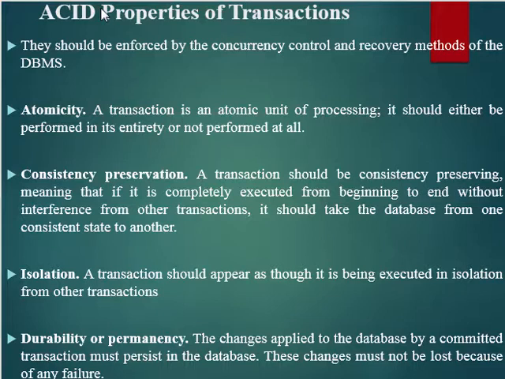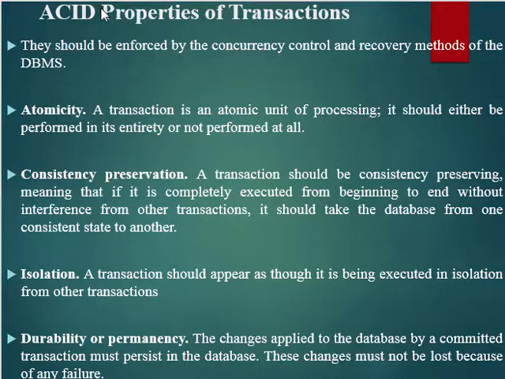Next one is isolation. We already said that we are executing different transactions at the same time, and we call that concurrent transactions or concurrent execution. In that case, different transactions are executed in an interleaved fashion, but even though they are executed in an interleaved fashion, one transaction must be independent of another transaction.